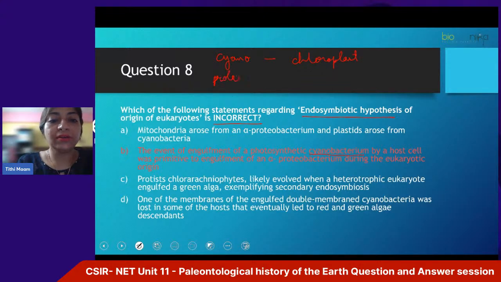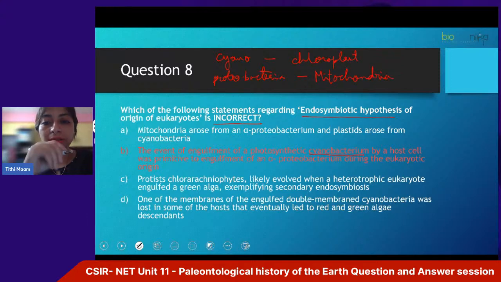Proteobacteria, it formed which organelle? Proteobacteria, which organelle? Absolutely right, mitochondria. Now think about it.